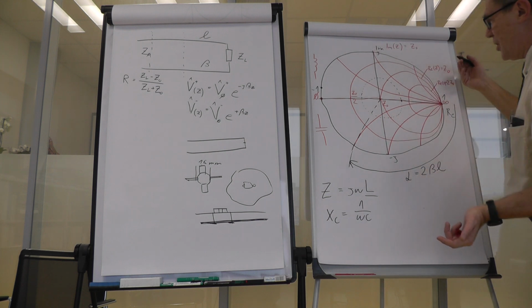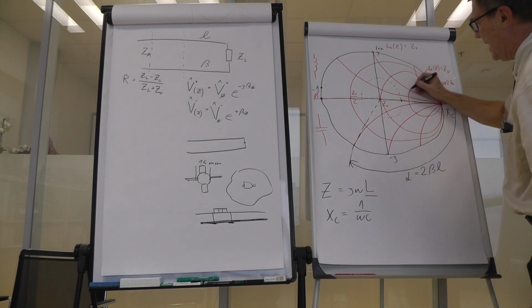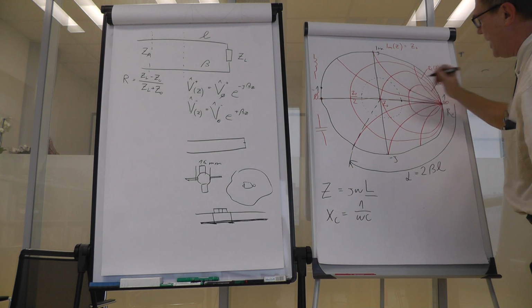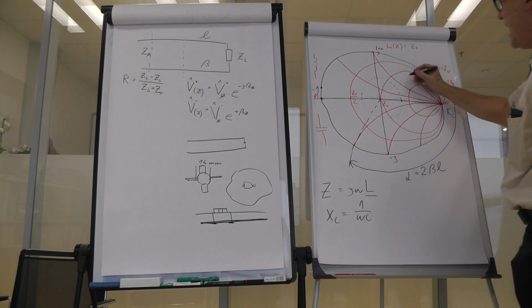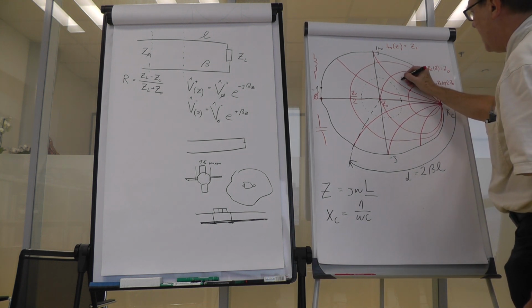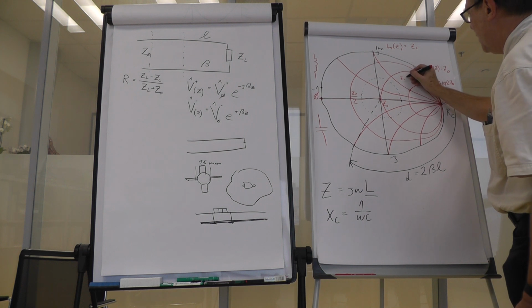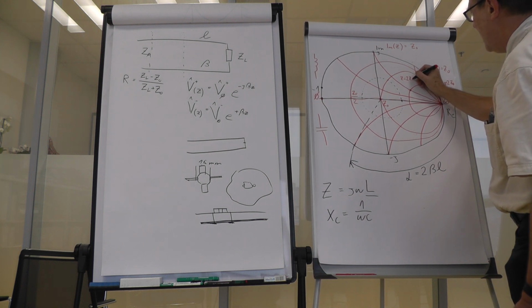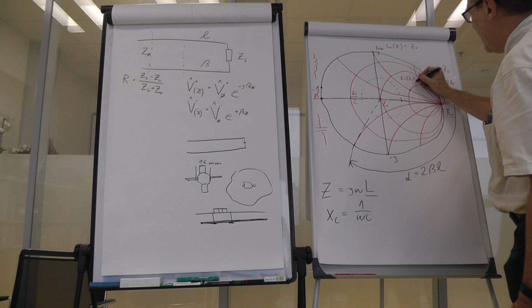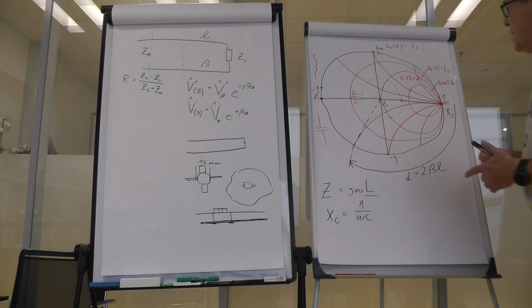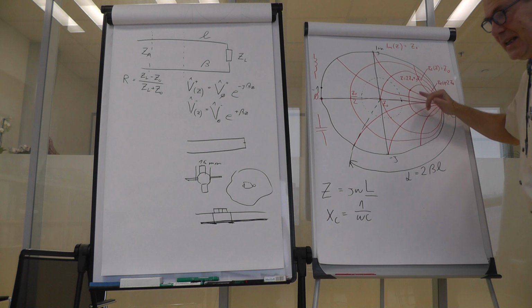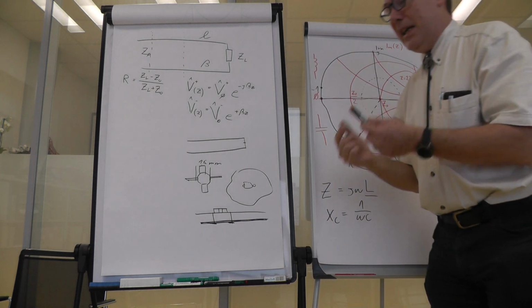So the intersection is the place where the point is. So at this point we have an impedance Z equal to 2Z0 plus jZ0.